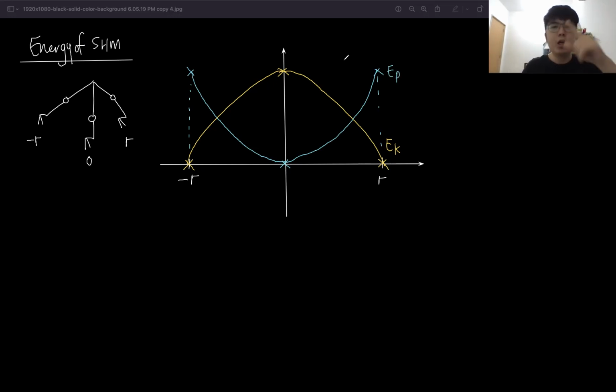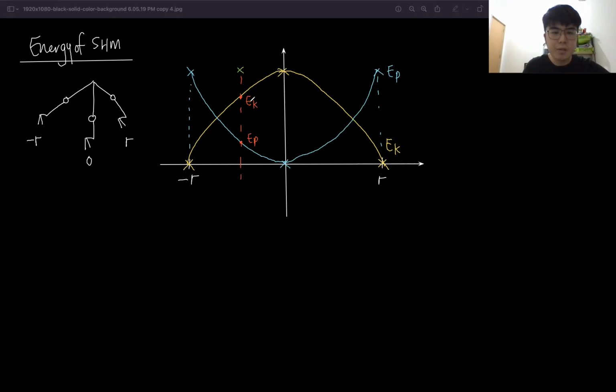If we look at any point in time, let's say a random point here, the EP plus the EK at this specific point, we add them and we get the total energy. We do it for every single point on the curve, and the total energy is the same.